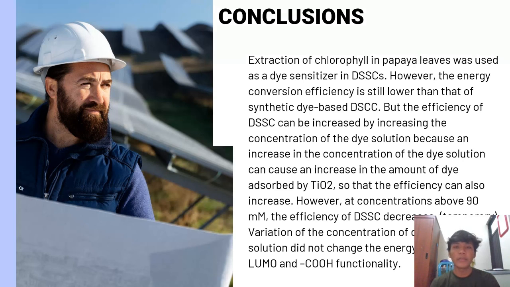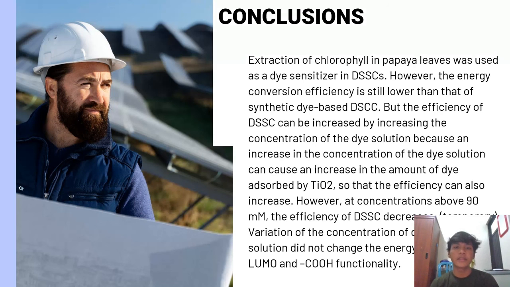0.094% at 90 millimolar. The concentration of the dye solution also increases the efficiency of the DSSC due to an increase in the amount of dye absorbed by titanium dioxide. However, at concentrations above 90 millimolar, the efficiency of DSSC decreases due to the aggregation of titanium dioxide nanostructure.